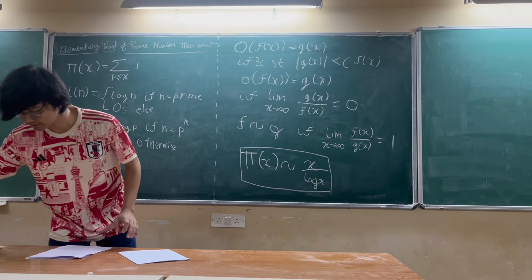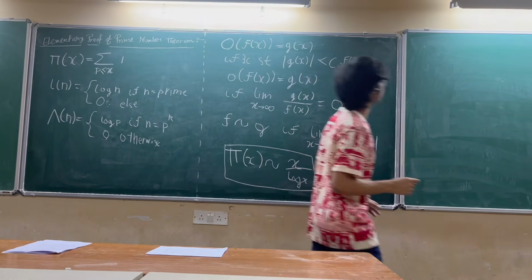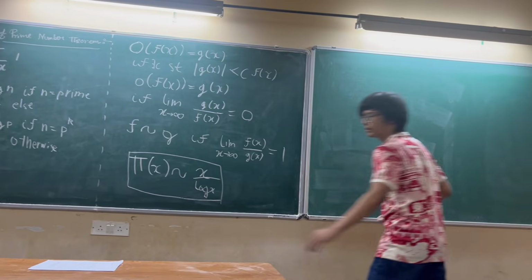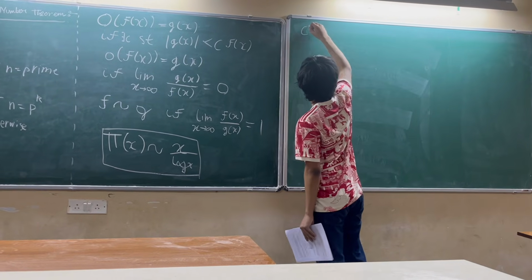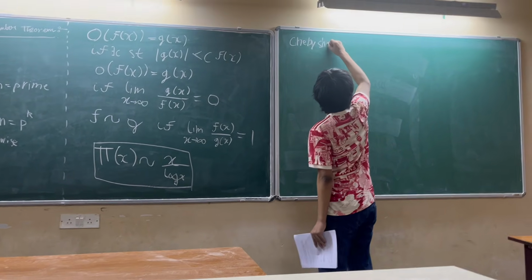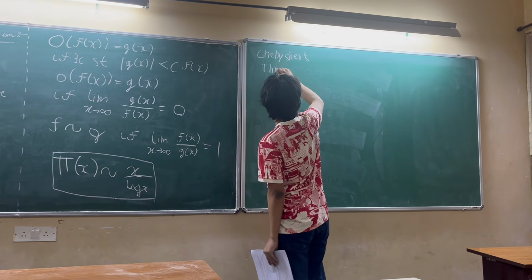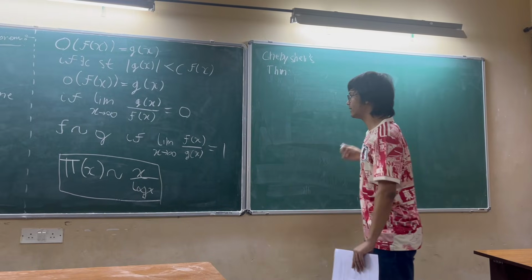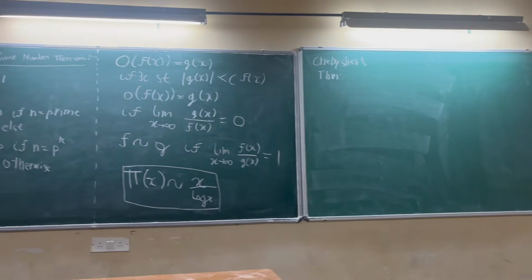Now, as a starting point, we'll be assuming some results from analytic number theory. First of which will be Chebyshev's theorem. Let me state it real quick. So before I state it, I further define two new functions using the functions that I just defined.